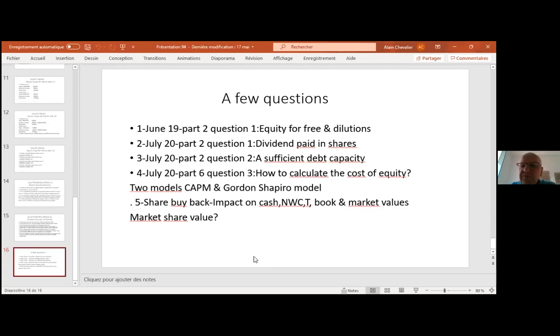But there is a problem with dividend. Now you have a dividend, it is decided that 40% of the net earnings will be distributed through dividend. But a choice is given to the shareholders, either to get the cash and have a dividend distributed in cash, or to have the dividend paid in shares.